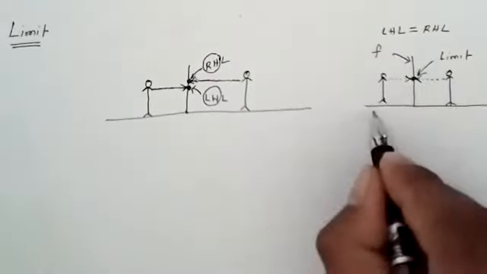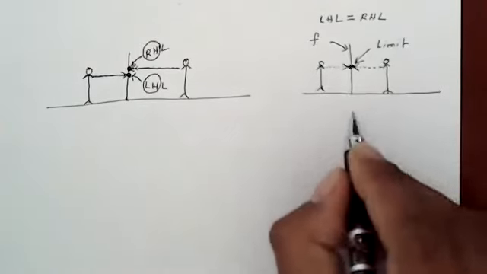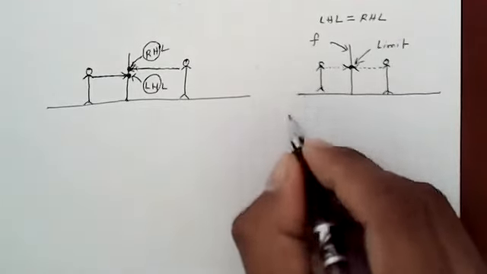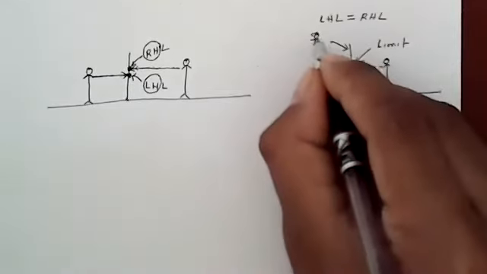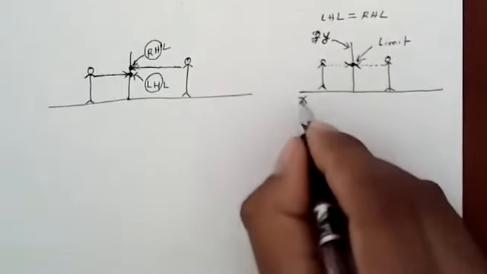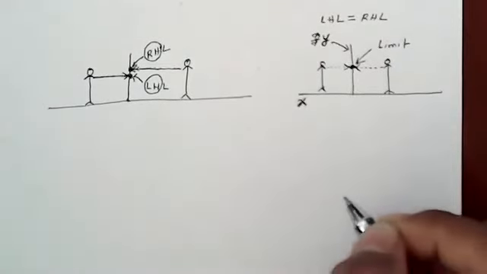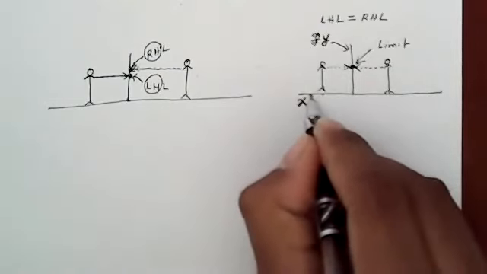And this particular line where the boys are standing, let me call this Y, and let me call this X. X may be anything, right? This student may be here, maybe here, maybe here.